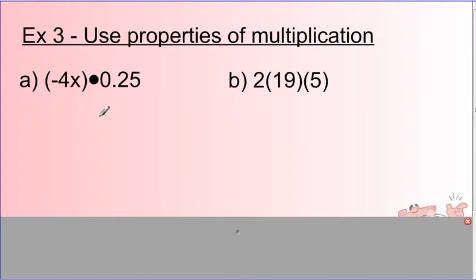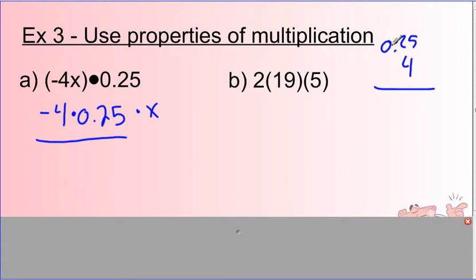So what we could do is we could actually rearrange this problem to say -4 times by 0.25 times by x, like this. Now, we can take this and we can do this math. 4 times 0.25 we can do. You can do it off to the side or on the back. 4 times 0.25.